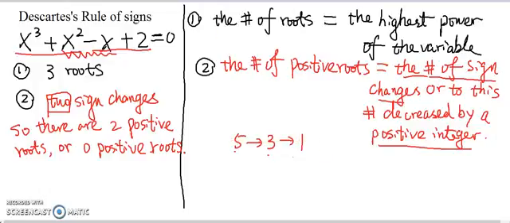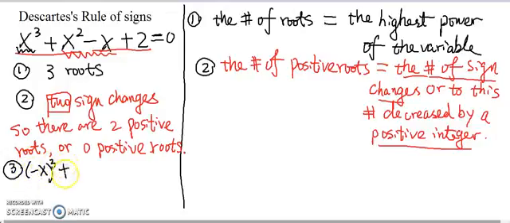And now we can look at the number of negative roots. When we determine the number of negative roots, we're going to do a little bit of change here. We're going to replace the variable x in the original equation with negative x. So when we see a letter x, we put a negative x there and copy everything else. For x squared, we replace it with negative x squared, and copy the minus, and when we see the letter x, we replace it with negative x.